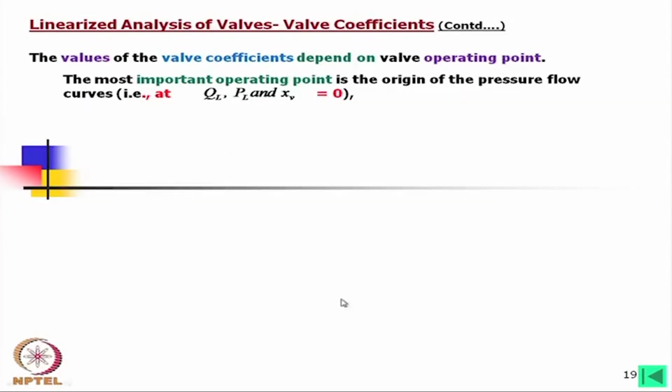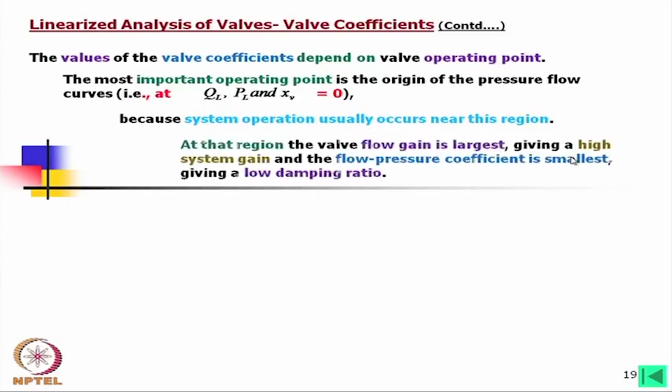Okay. So, we analyze for that point, which I have already explained, because the system operation usually occurs near this region, and at that region the valve flow gain is largest, giving a high system gain, and the flow pressure coefficient is smallest, giving a low damping ratio.